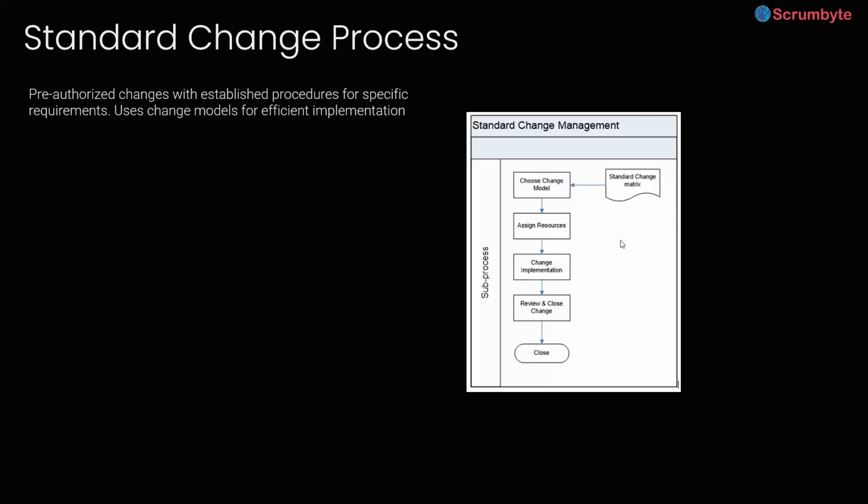And you have a standard change matrix document saying that these are the teams available, these are the servers available, this is the inventory available in case you want to get some hardware, etc. Some standard things that can be implemented fairly quickly. So this is nothing but a standard change process.